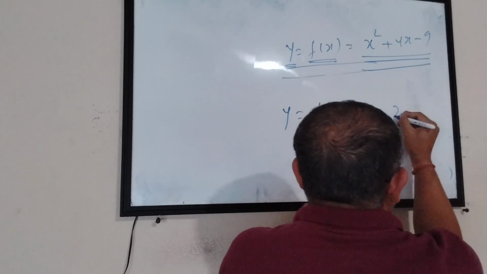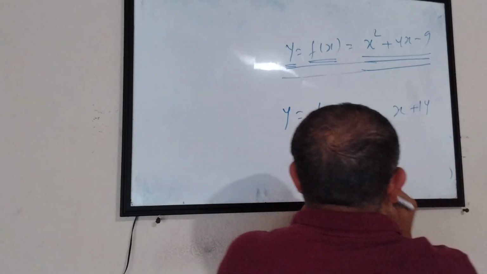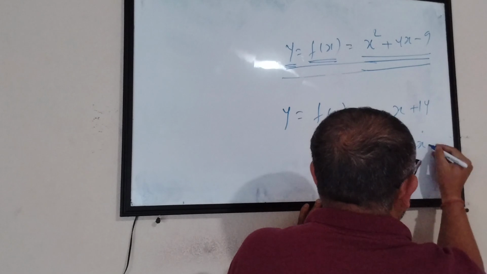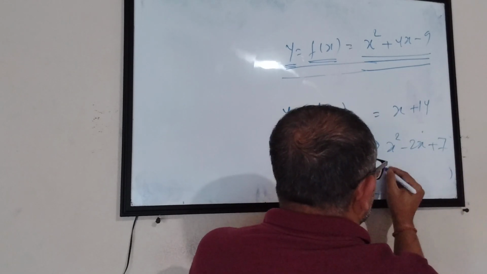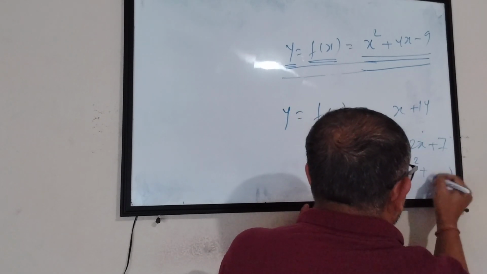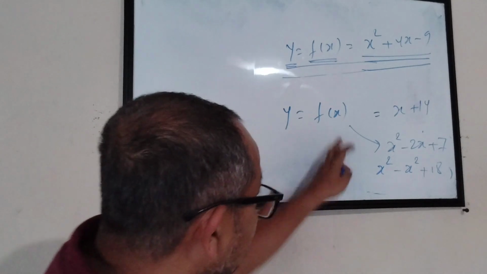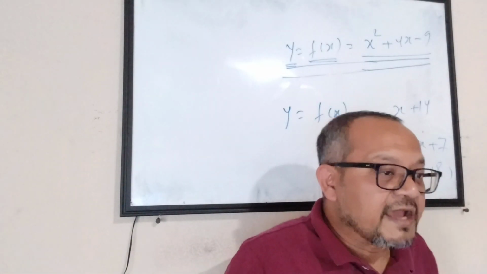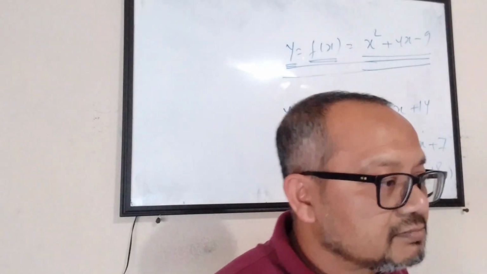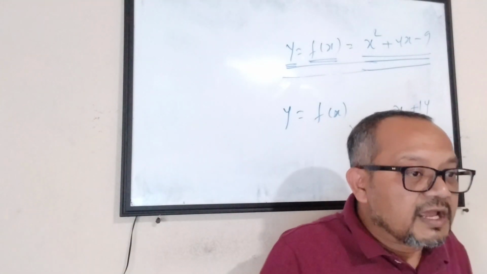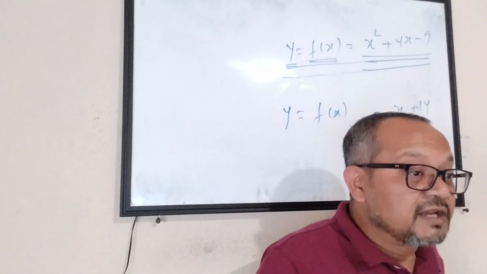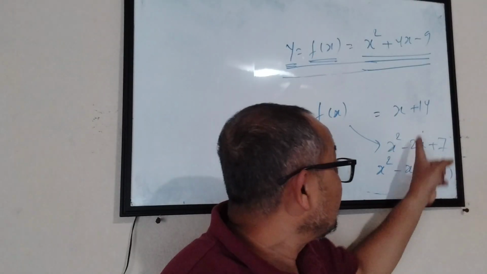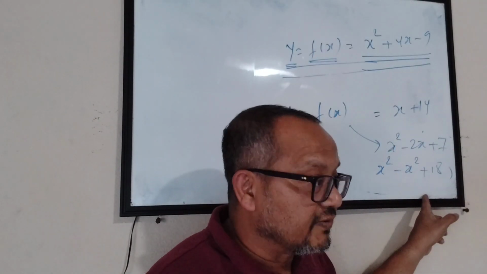This could be x plus 14, or f(x) could be x squared minus 2x plus 7, or it could be x cubed minus x squared plus 18. Anything could be possible, right? So unless you define it, just saying, let's say, that I and Thanu are related has no meaning to it. Is Thanu my nephew? Is Thanu my student? Is Thanu my neighbor? No, I have not described yet. So this is the description, this is the definition.